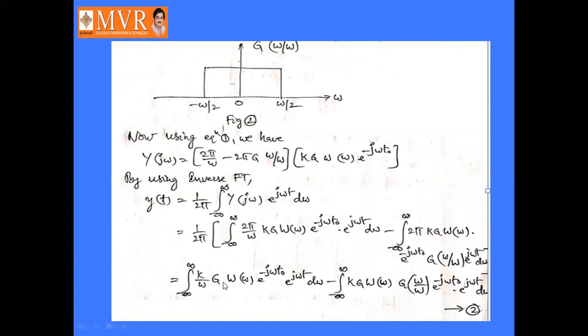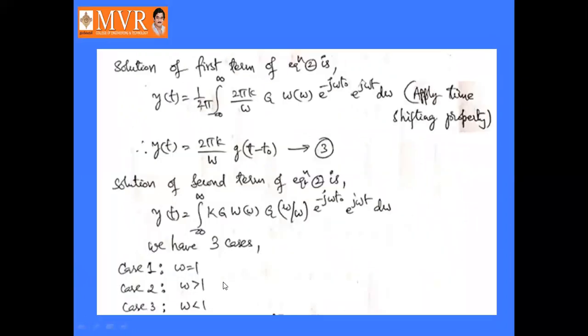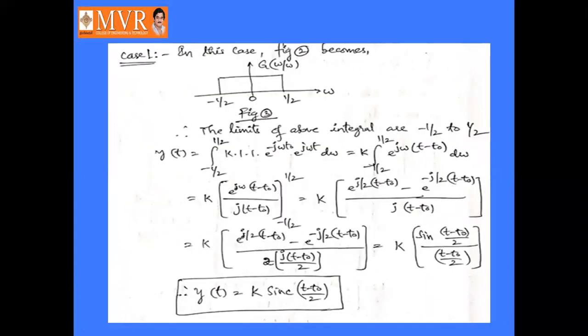Here we are substituting the value of omega as 1, right? That's why it will become like this: k into 1 into 1 into e power minus j omega t naught into e power j omega t d omega, that is k into integral minus 1 by 2 to plus 1 by 2 e power j omega (t minus t naught) d omega.